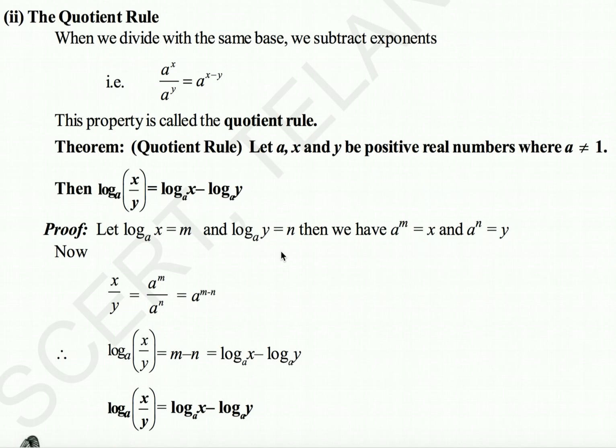So log this is m, this is minus n. If you apply inverse logarithm, this becomes a power m minus n, which is nothing but a power m by a power n. So log base a of x by y is nothing but m minus n, which is log x base a minus log y base a.